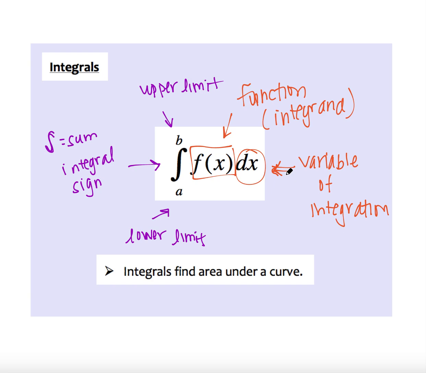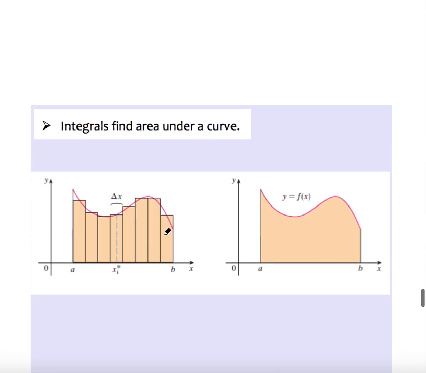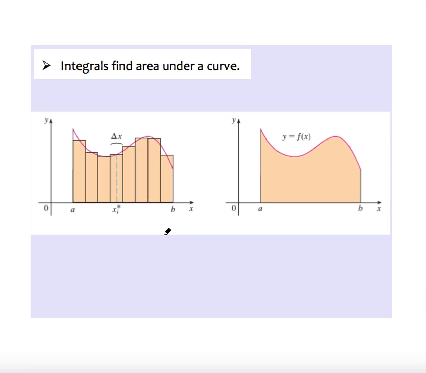Here are a few examples. The one on the left has midpoints. It reminds you that this is the good old Riemann sum, and this provides us with an estimate, because as you can see, we're missing some area here and we have a little bit of overlap here.